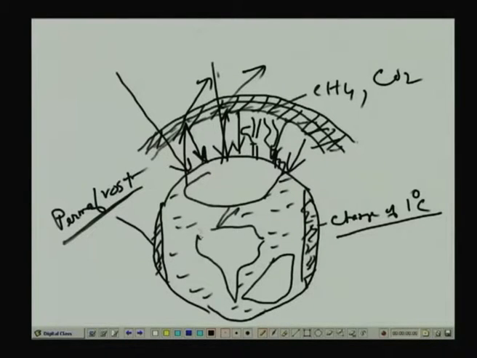This would have a risk of inundating several lowland areas. This is number one.